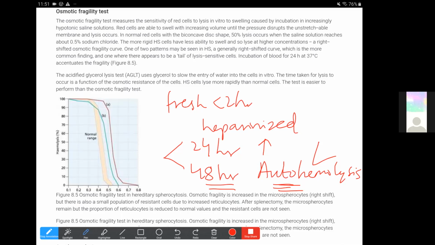So in hereditary spherocytosis, the prolonged incubation test causes autohemolysis at 48 hours, and this can be corrected with glucose. This is the differential with pyruvate kinase deficiency, in which autohemolysis also occurs, but that is not corrected with glucose because it's an enzyme defect. It will be corrected only with the addition of ATP.